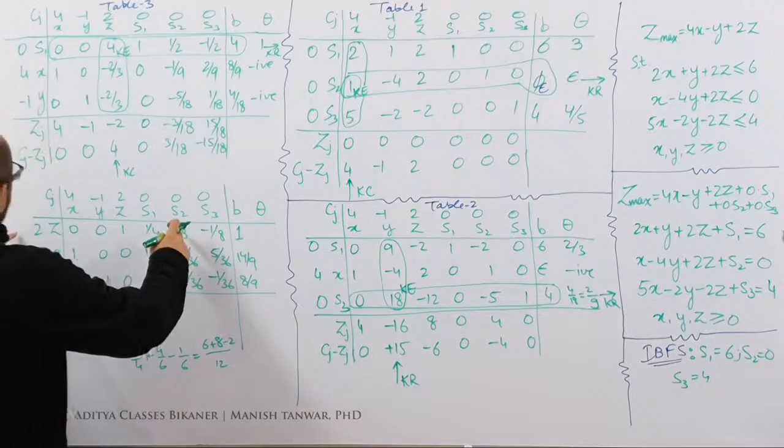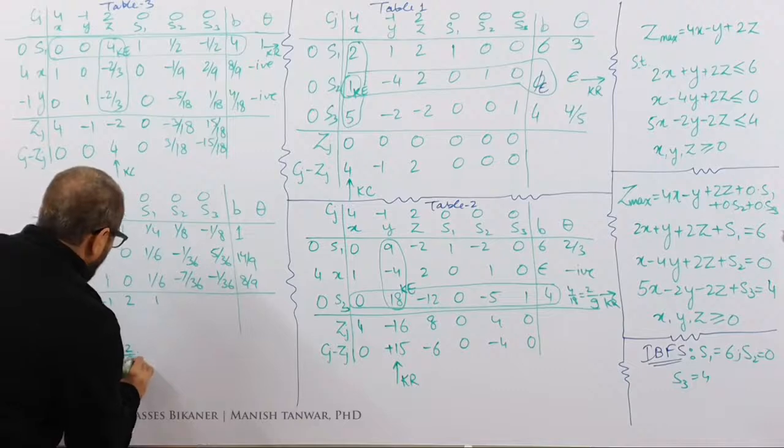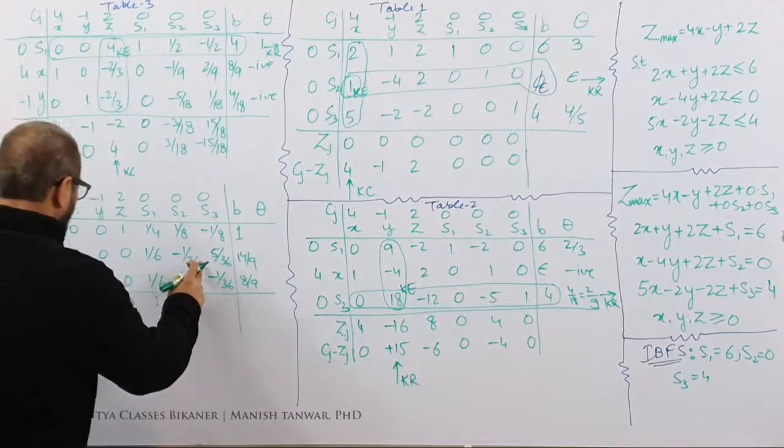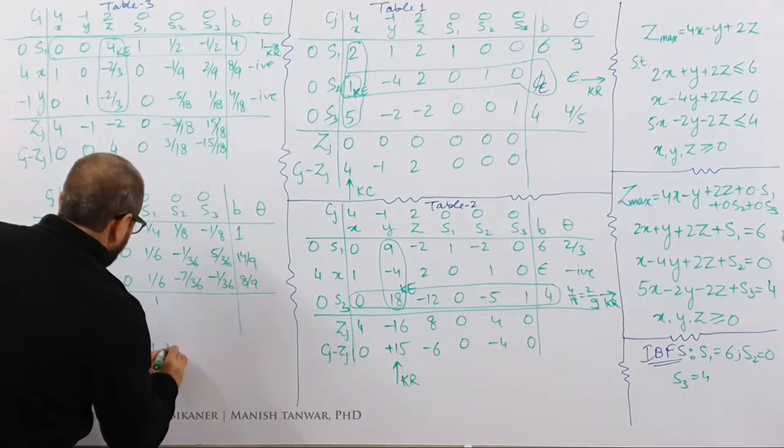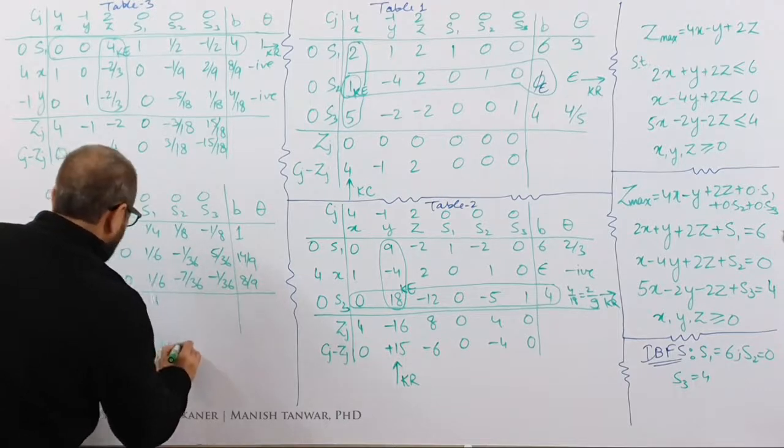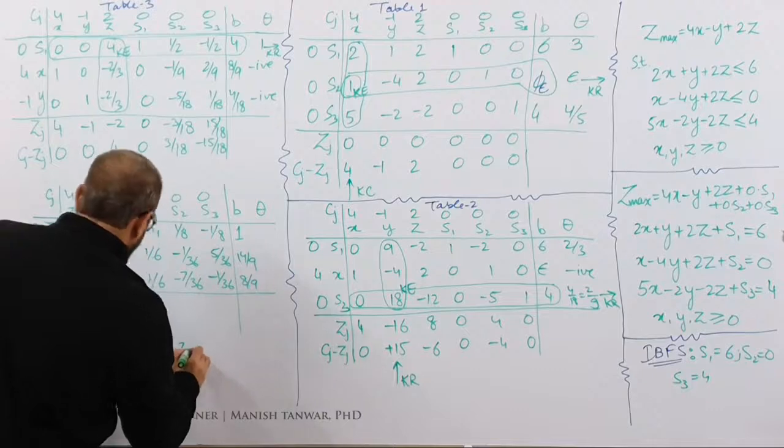And then we'll be having 2 by 8. Then there is a minus 1 by 9. Then there is a plus 7 by 36.